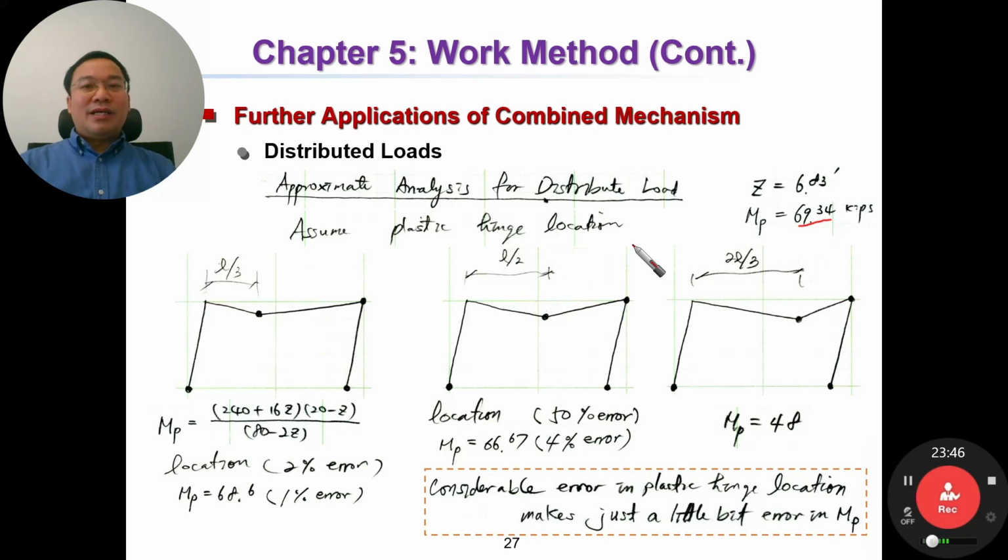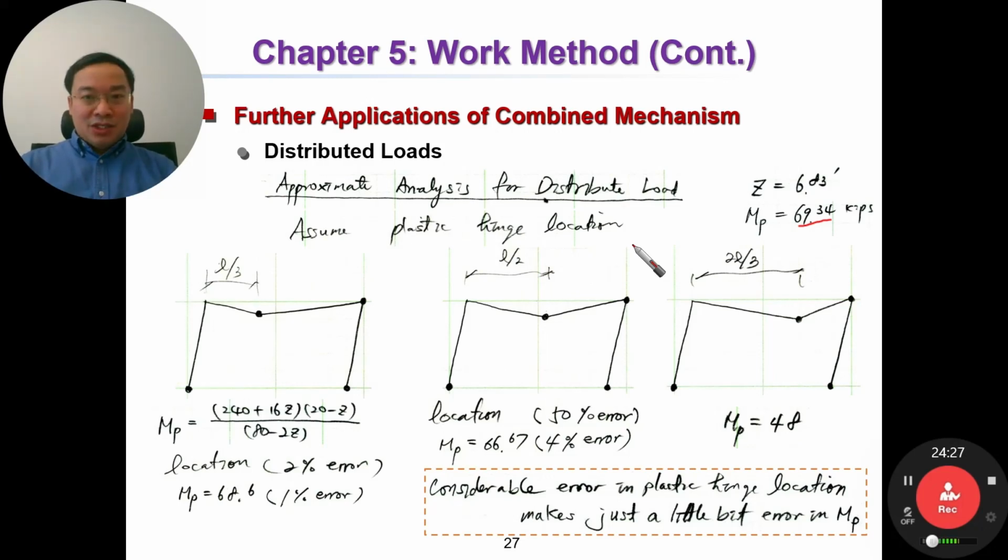We should start with independent mechanisms, and to do that, we have to determine the number of independent mechanisms. You have to remember the equation to determine the number of independent mechanisms, and then combine them one by one. Then we have the full combined mechanism, and from that we can determine the solution. And then we do the moment check.